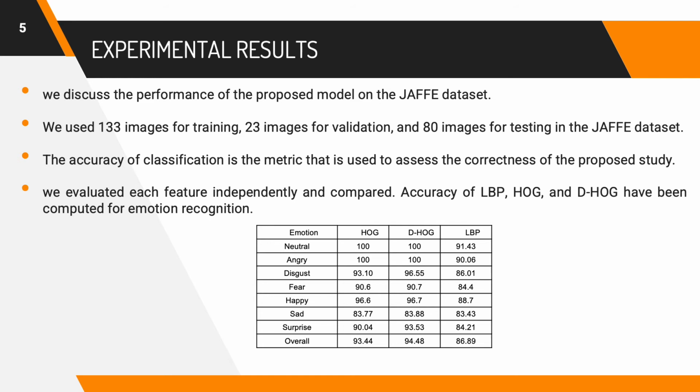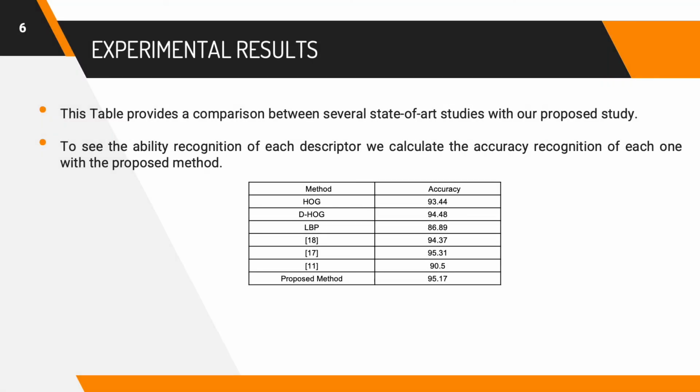Overall accuracy for the HOG feature is 93.44, for diagonal HOG we obtain 94.48, and for LBP we obtained 86.89. After we combine these features, we obtain an accuracy of 95.70.